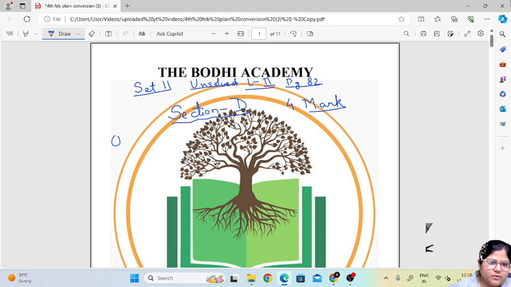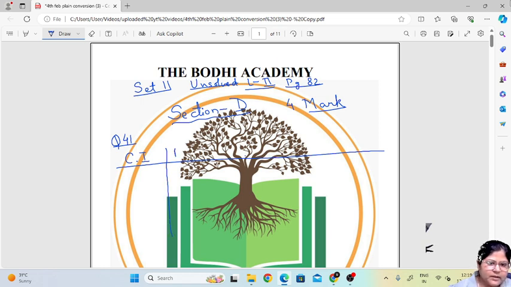Okay, so question number 41. The following table shows the distribution of the ages of 50 people working in a company. There is a table already given to you. I'm just writing the table. The first column is the class interval, CI.